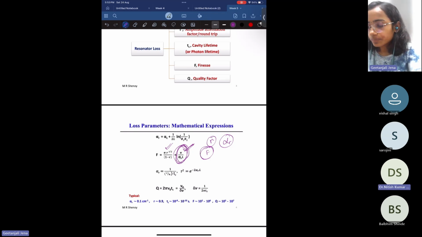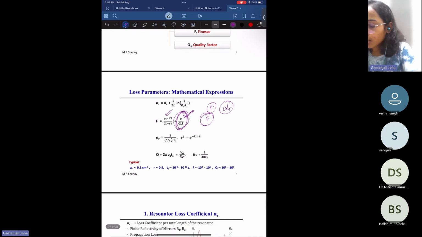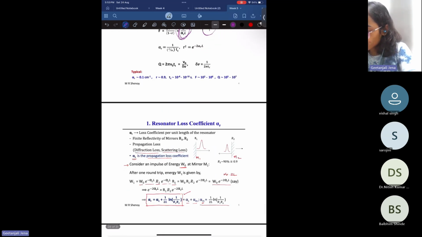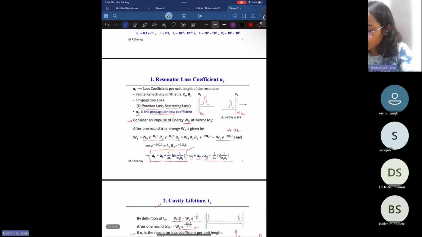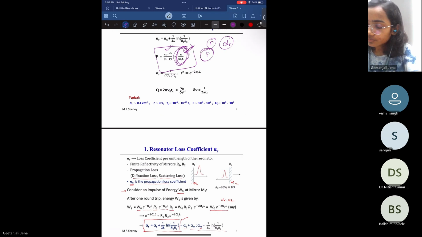But depending on the problem, you can use either. What is the limitation for the approximation? When do you use this formula? Let me go through the slide once.